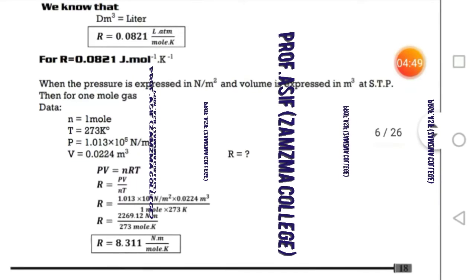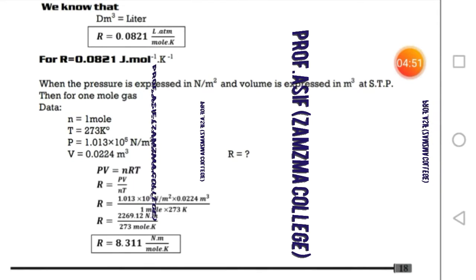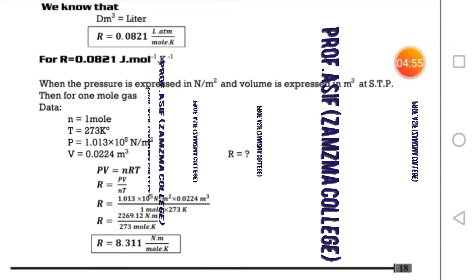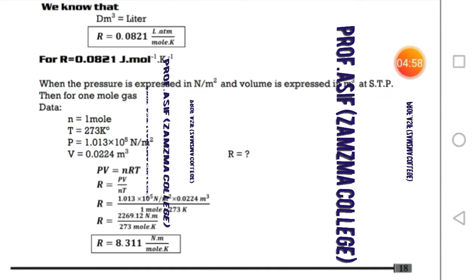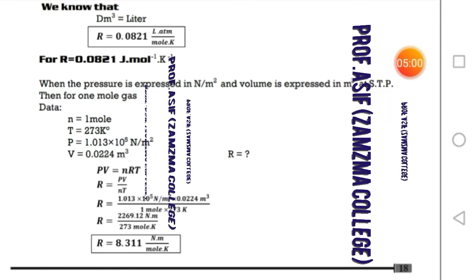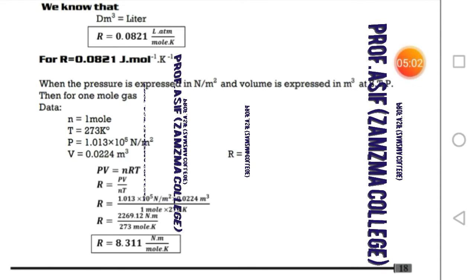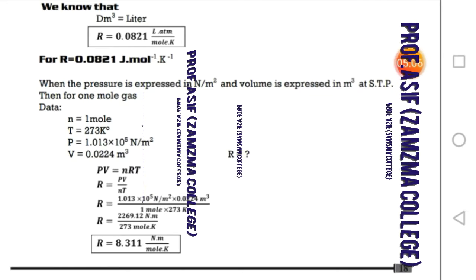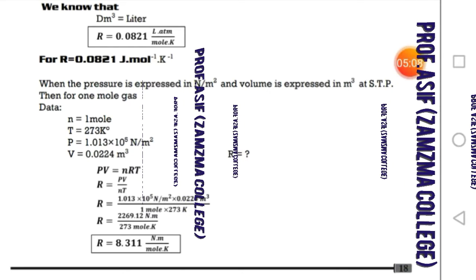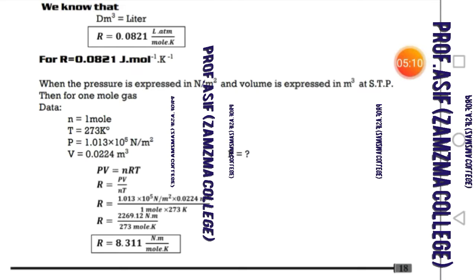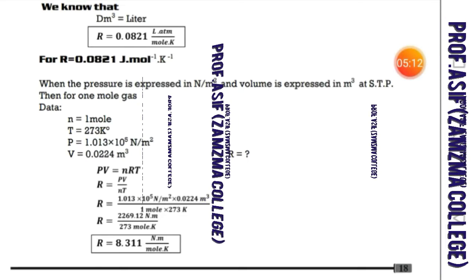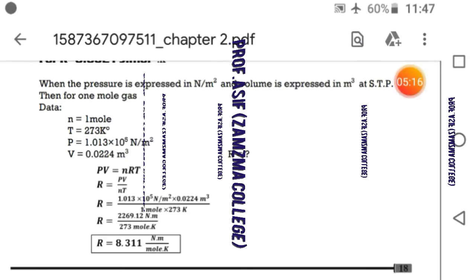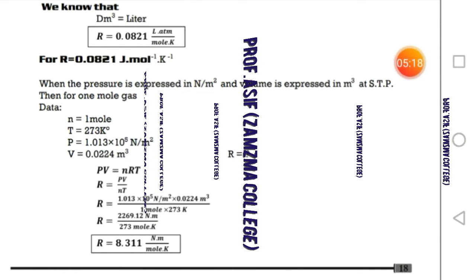Besides this, there is another value of R, 8.314 joules per mole per Kelvin. It is in the MKS unit system. That's why the values of pressure and volume would be substituted in the MKS system as well, which are 1.013 into 10 raised to the power 5 Newton per meter square, and volume is 0.0224 meter cube.